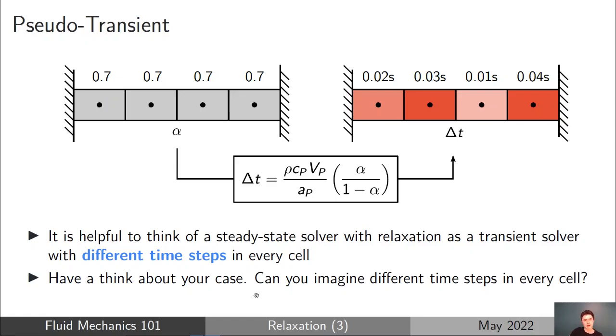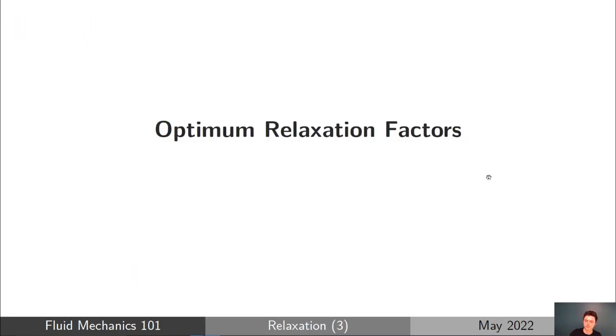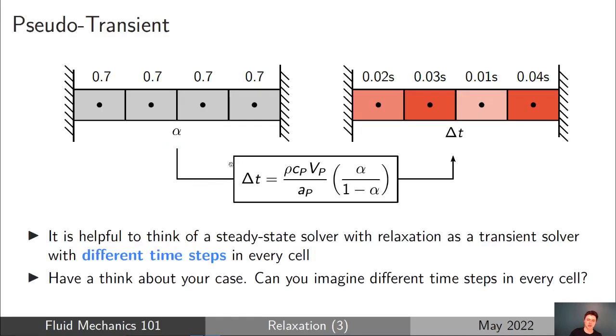If you're running a CFD simulation, just visualize the mesh that you're using at the moment and the relaxation factor that you may use, and then also think that this actually has the effect of taking all of those cells and applying a different time step to all of the cells and then advancing them all together towards the converged solution.